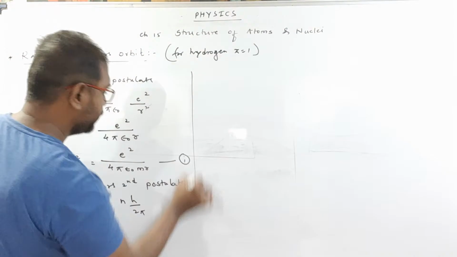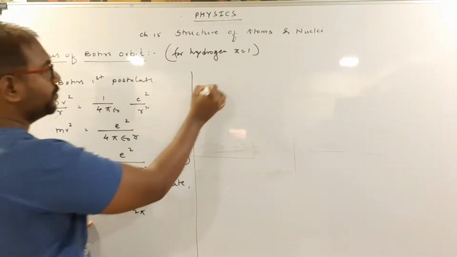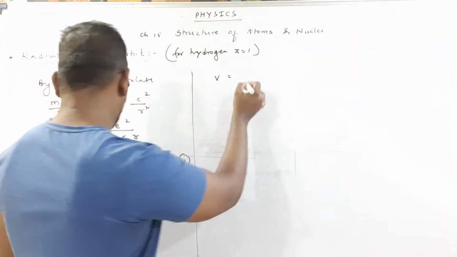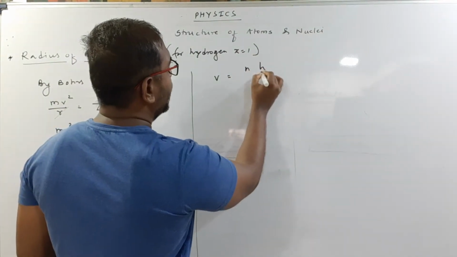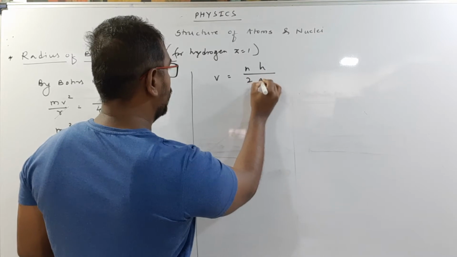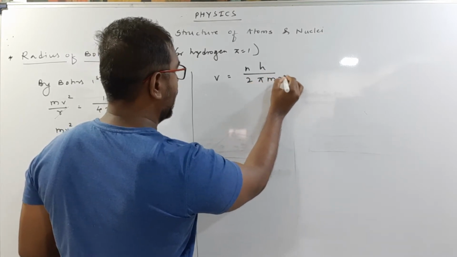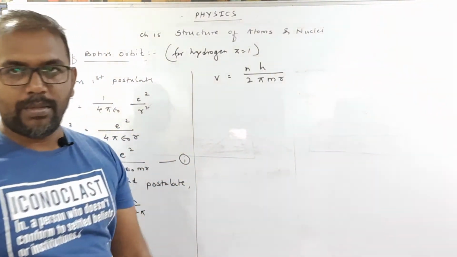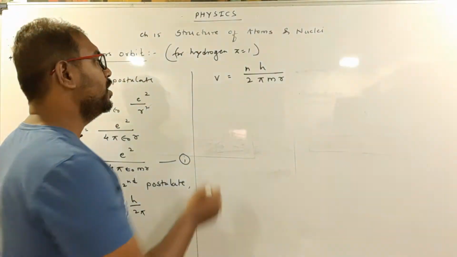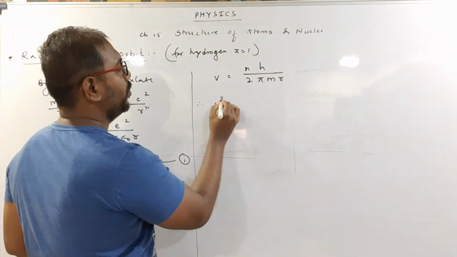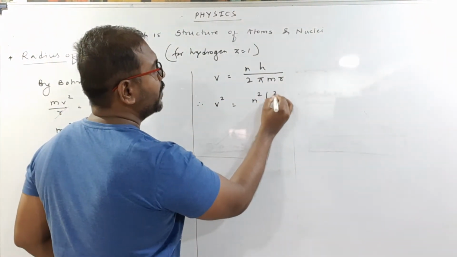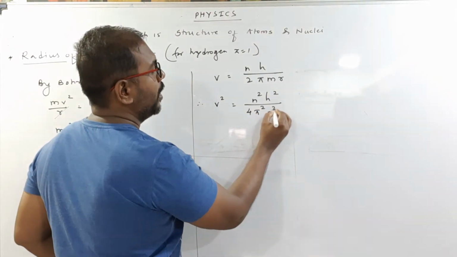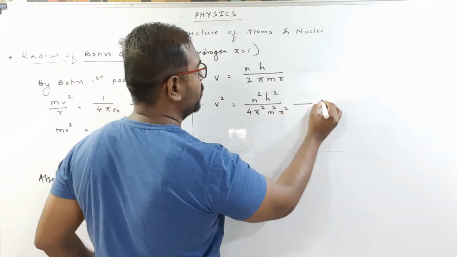So v is equal to, I can transfer m and r to that side, so we get n h upon 2 pi m r. I can square this equation and then give the equation number. Squaring both sides, we get v square is equal to n square h square divided by 2 square is 4 pi square m square r square, equation number 2.